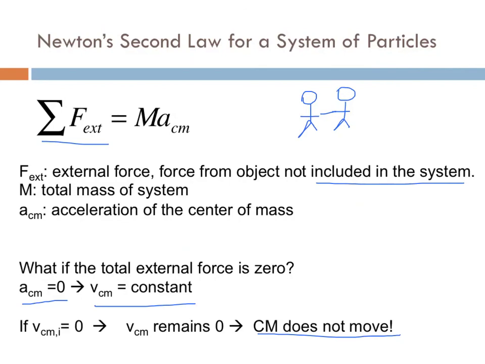So, these two people who are on a frictionless surface, if they were to push on each other and one would go in one direction because of conservation of momentum, and the other person would go off in the other direction, the velocity of their center of mass would actually remain unchanged and would not move.